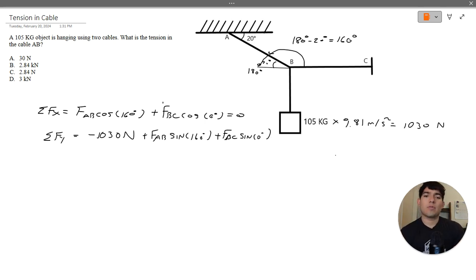So we have two equations and we have two unknowns, and we're solving for this one right here, the force in AB. So I'm going to show you how to actually use your calculator to solve this system of equations.